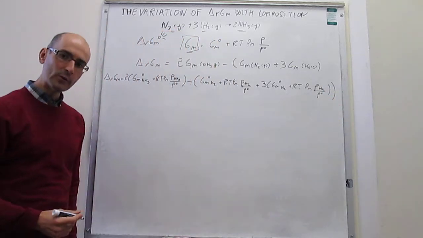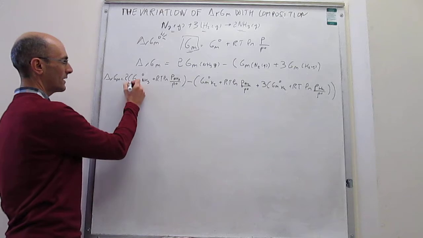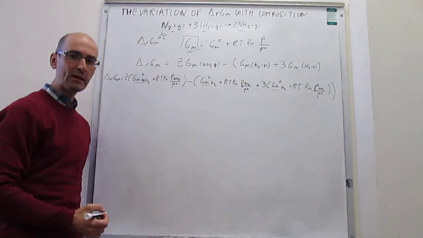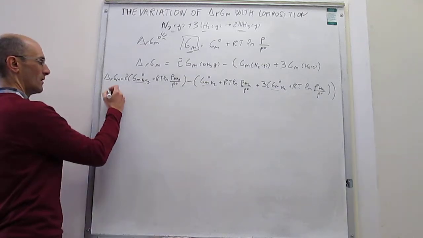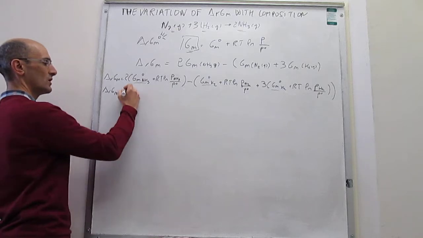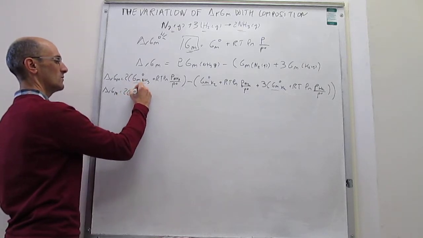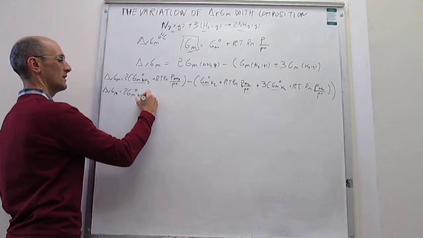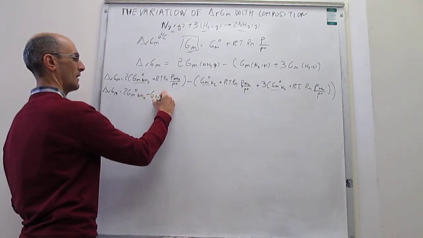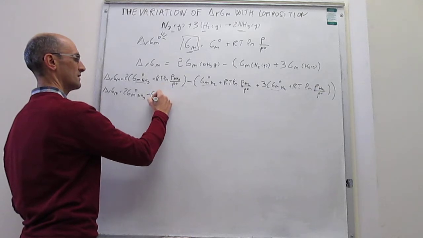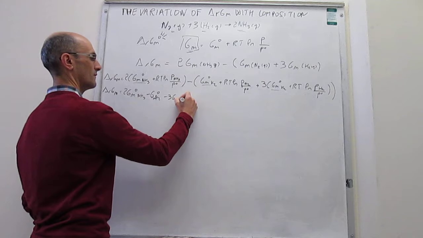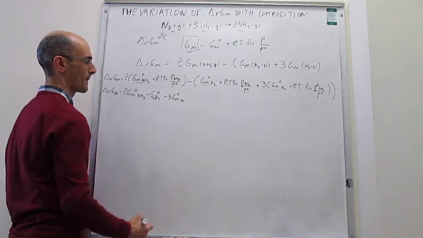What we're going to do then is collect all of the terms that are alike. Notice that those are all molar Gibbs energy at the standard state. So this reaction Gibbs energy under any conditions that we wish is going to be equal to 2 times the molar Gibbs energy of ammonia at the standard state, minus the molar Gibbs energy of nitrogen at the standard state, minus 3 times the molar Gibbs energy of hydrogen at standard state.